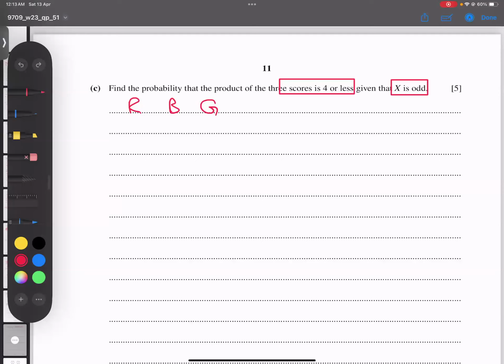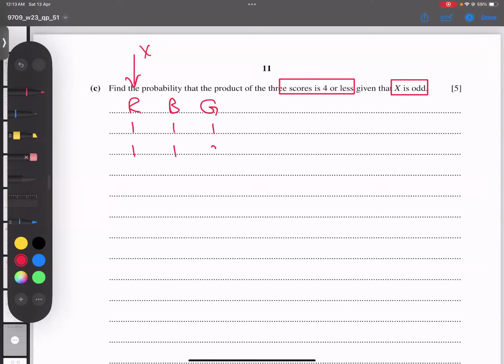If this is a 1, multiplying by 1 and 4 or less, 1, 1, 1, that is one option. Make sure this is X, because he said red is X, and X must be an odd number. So 1, 1, 1, the product is less than 4.